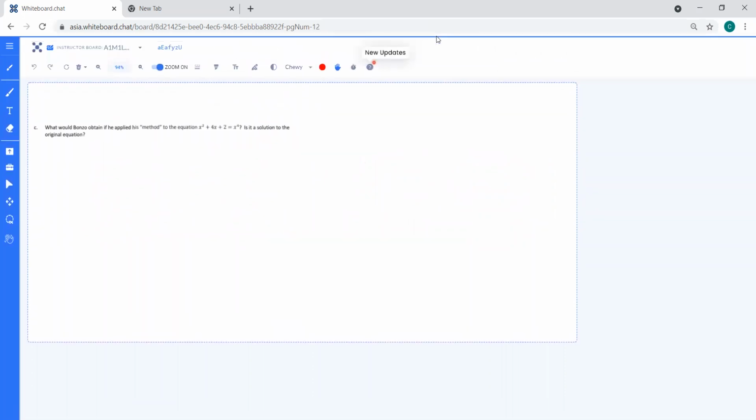What would Bonzo obtain if he applied his method to the equation? Okay, so all that's saying is if we ignore the exponents, that would leave us with x plus 4x plus 2 equals x. Well, that would give us 5x plus 2 equals x.